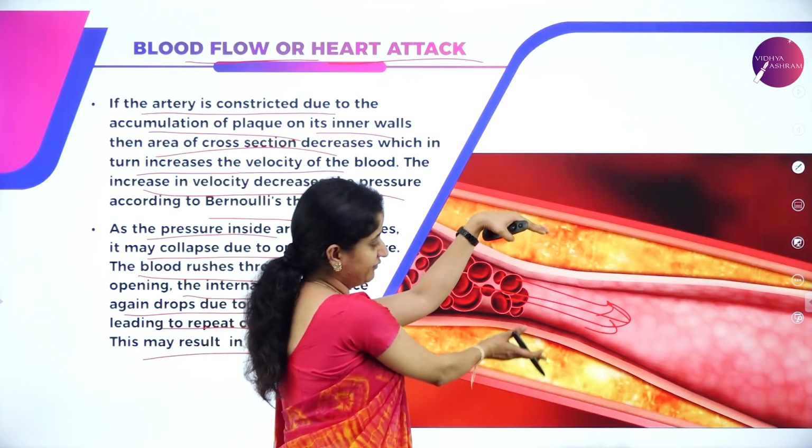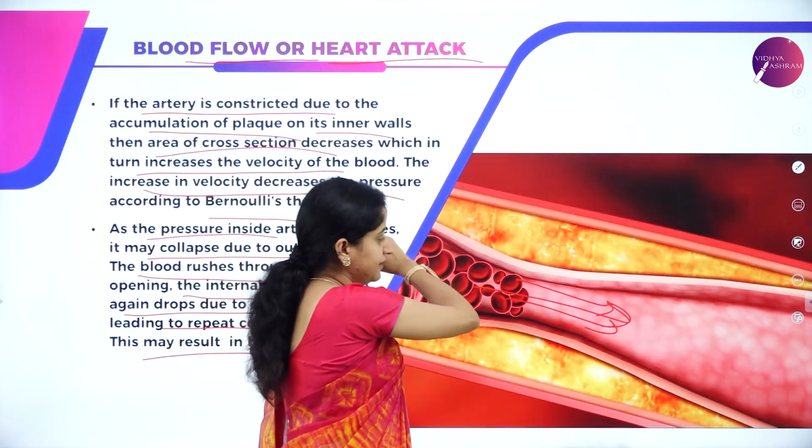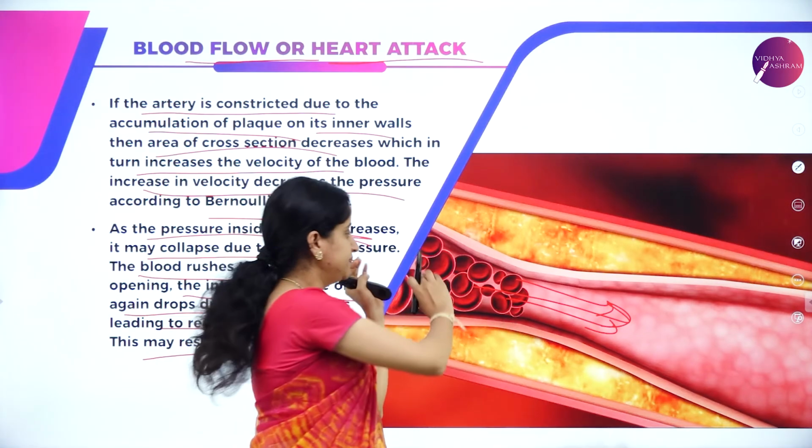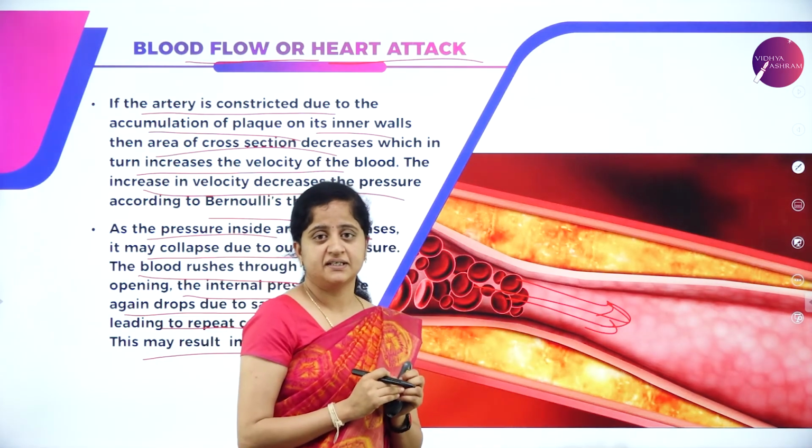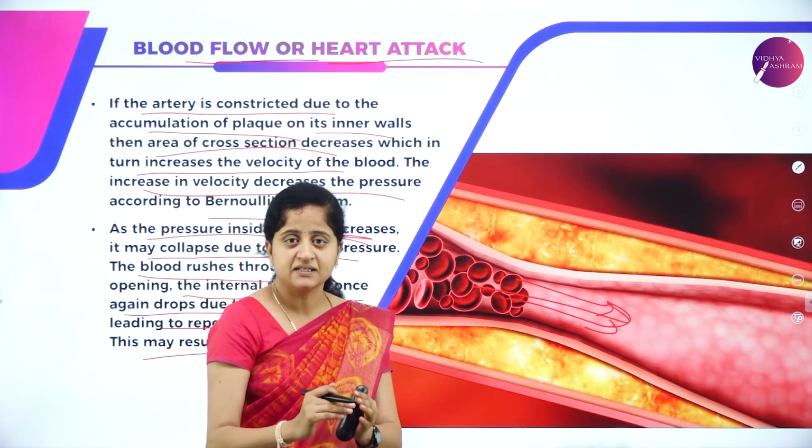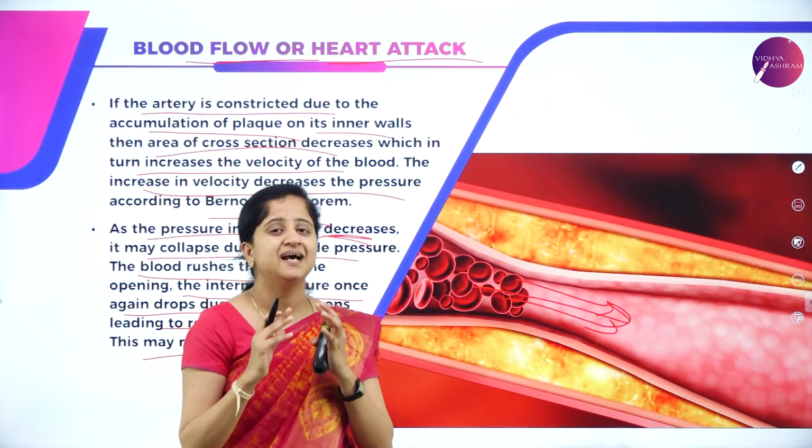Since the cross-sectional area of the artery decreases, the blood rushes inside it, which means there will be an increase in velocity. An increase in velocity results in a decrease in pressure inside the artery.